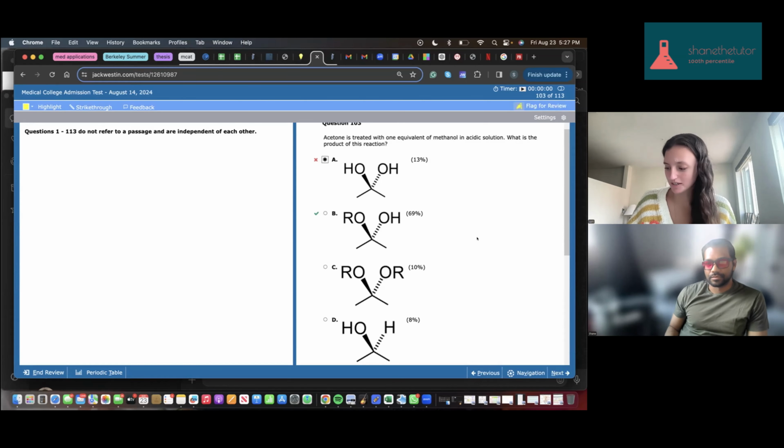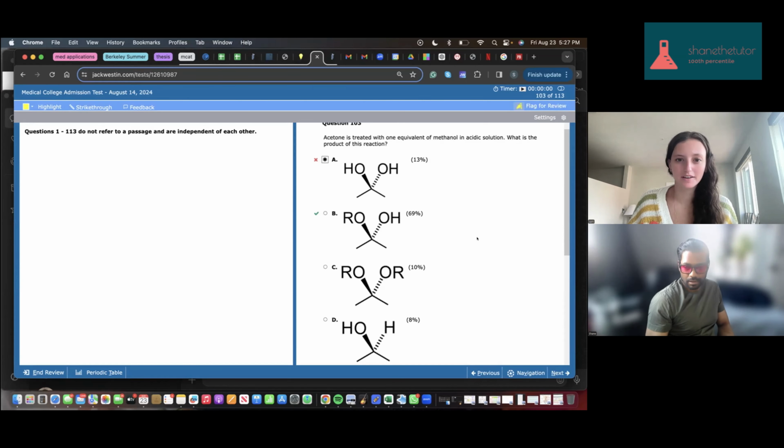Can we draw them out together now? Because now I know what acetone looks like, I want to see if I can solve this problem given that.